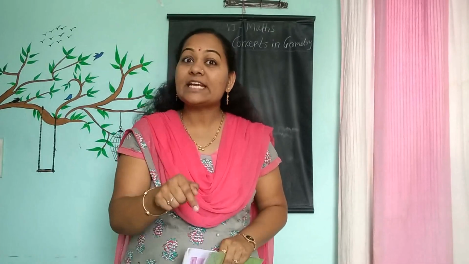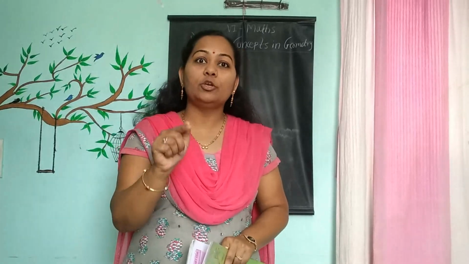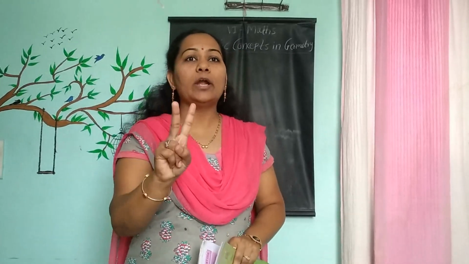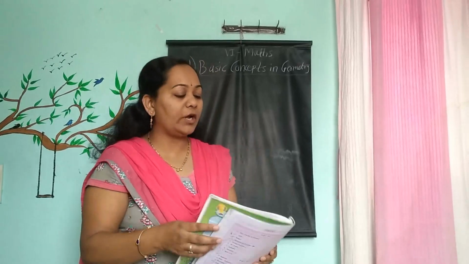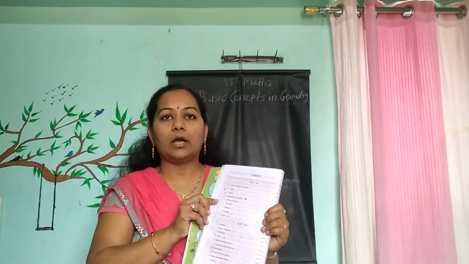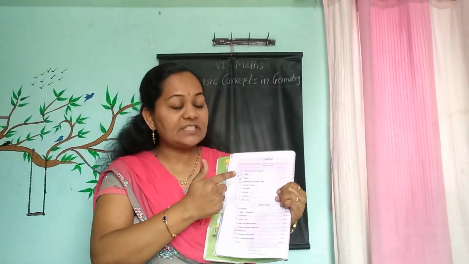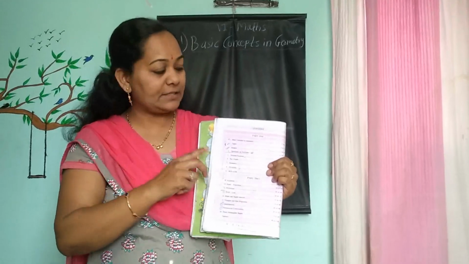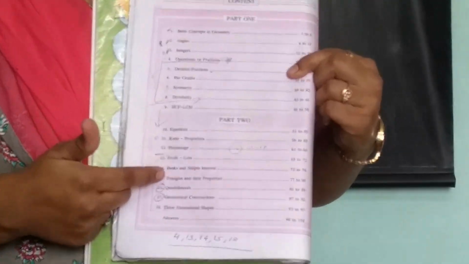Your 6th standard maths is a 100-mark subject for which you have to prepare a 200-page notebook for your first term. So dear students, have a look at the index of 6th standard. See here, the content index is given, which is divided into two parts, part 1 and part 2.